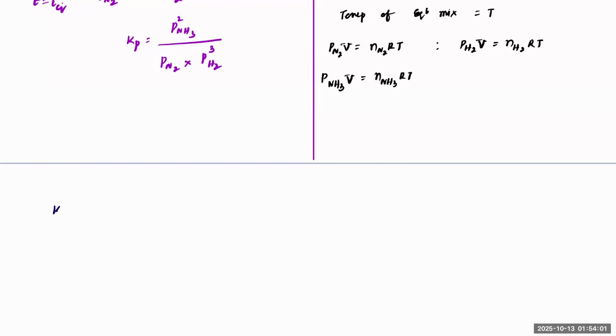Again, what do I get? Kp is equal to partial pressure of ammonia. Partial pressure of ammonia is number of moles of ammonia RT divided by V, whole raised to the power of 2.